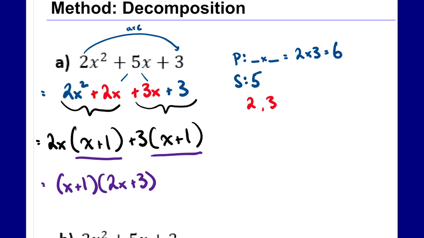So this all works out to x plus 1 times 2x plus 3. This is what we call decomposition. We're decomposing that middle term into two separate terms, then doing some common factoring to get down to our final factored form. So there are a few more steps, and definitely a different beginning step of the numbers that we're looking for.